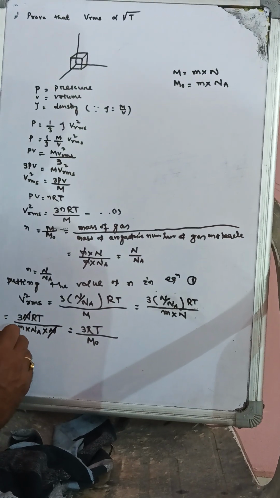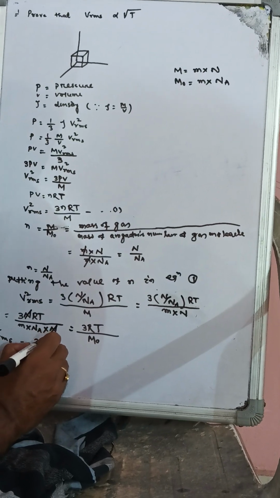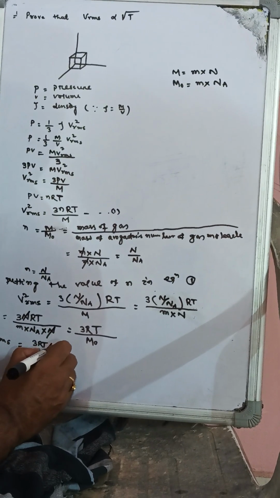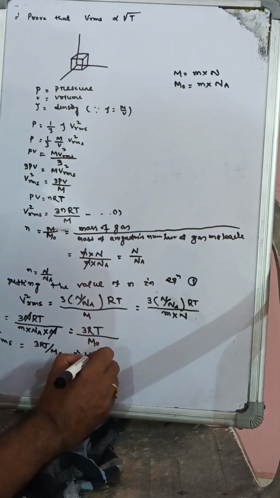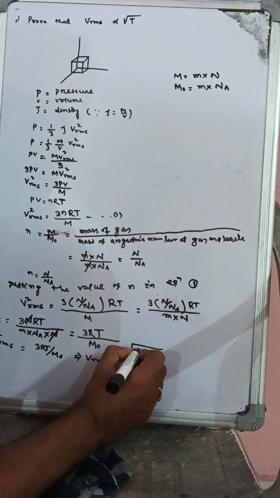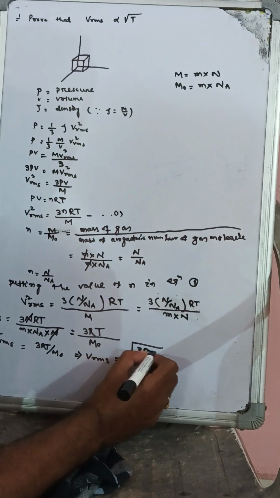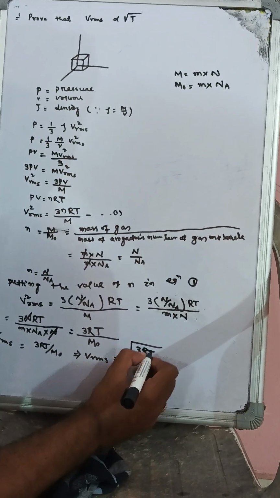Then Vrms square is equal to 3RT divided by m0. This implies that Vrms is equal to the square root of 3RT divided by m0.